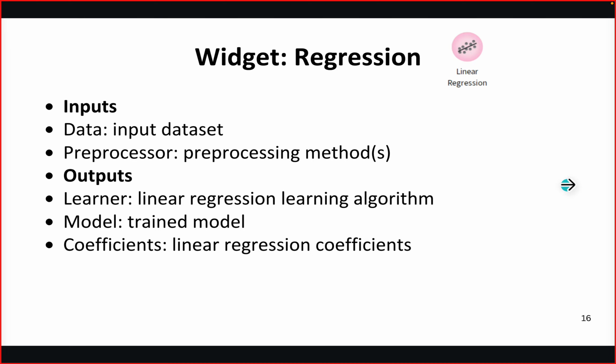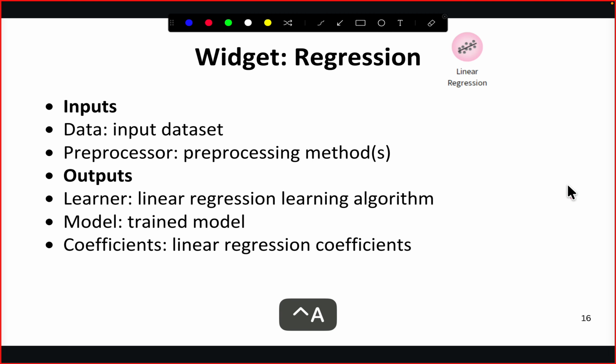So regression, there's input, okay, and of course there's output. Now there's a new terminology called learner.